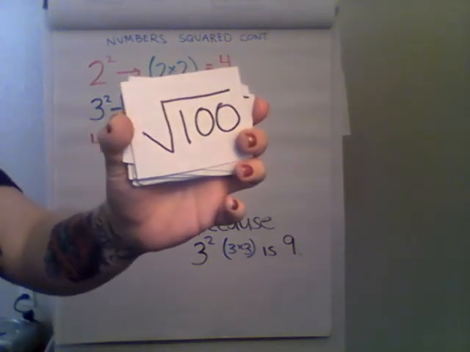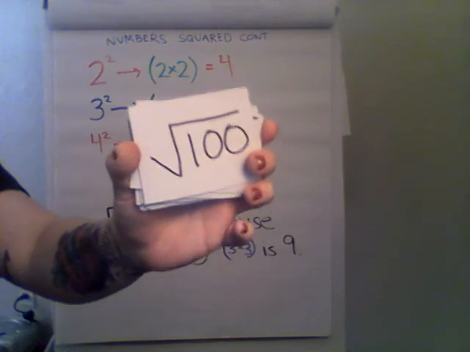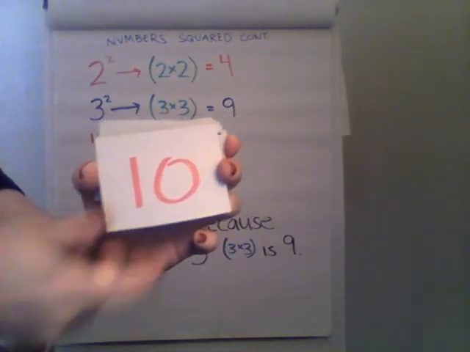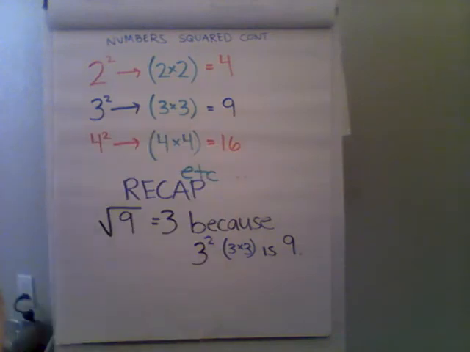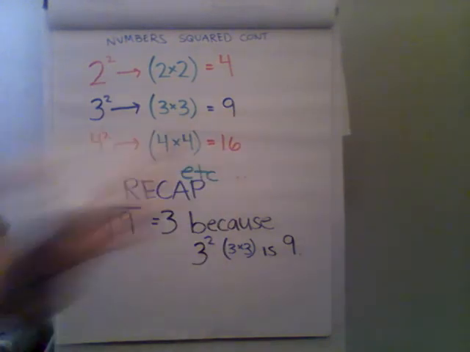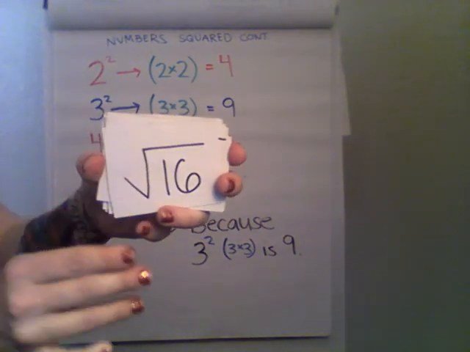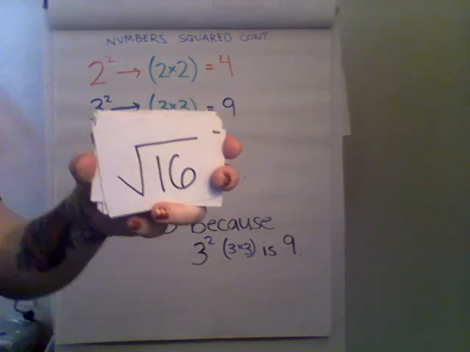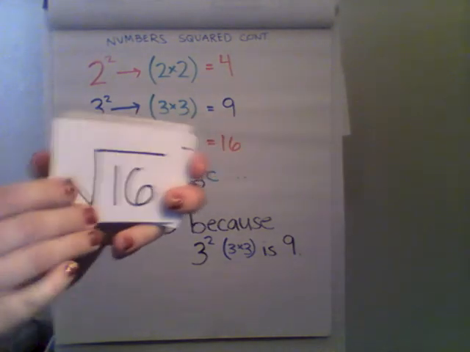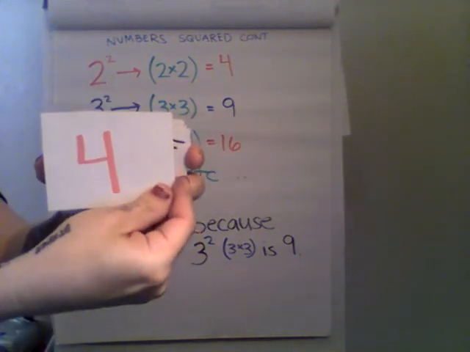You're probably wondering, what's the square root of 100? If you said 10, you are absolutely right. Square root of 16 is, remember, it's the number times itself. If you said 4, you're absolutely right.